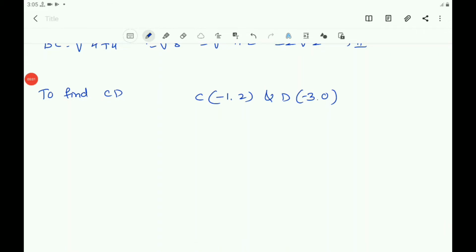To find CD, the third side, here C is a point with coordinates minus 1, 2 and D is a point with coordinates minus 3, 0. So you write CD equals square root. Again the formula is x2 minus x1 whole square plus y2 minus y1 whole square, which is the distance formula.